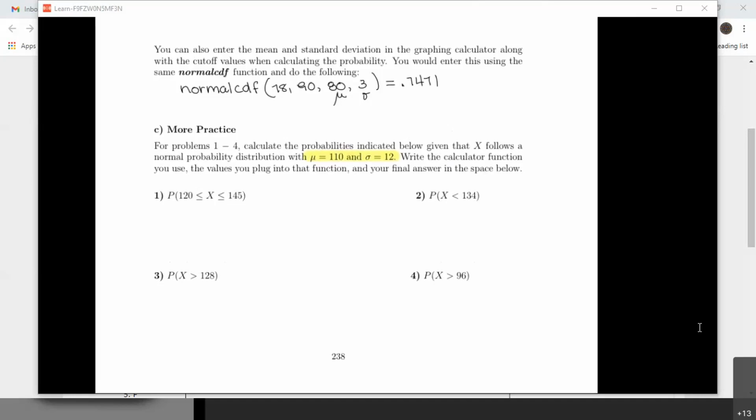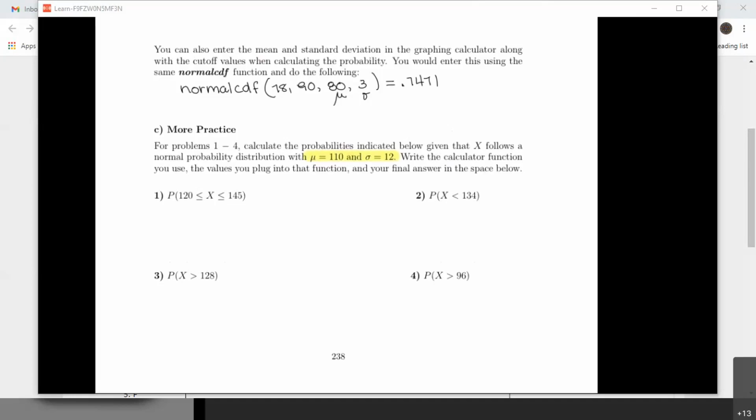Okay, I realize not everybody may have gotten the answer to all 4 of them, but let's just go through them one at a time. What probability did you get for part 1? Anybody want to type it in or say it?